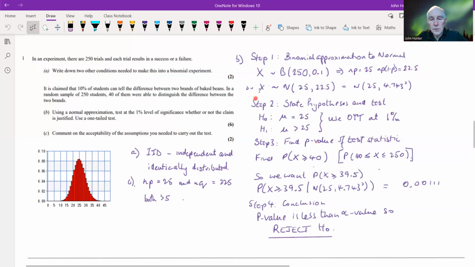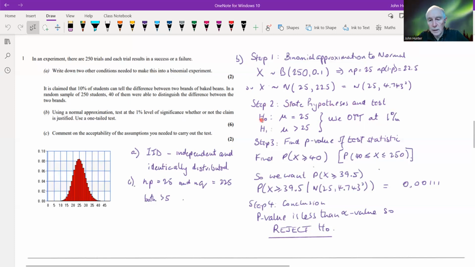So if we want to use the normal distribution, then we're going to approximate it with a normal with a mean of 25 and a variance of 22.5, which square root of 22.5 is 4.743. So just for convenience, I've written it like that. Okay, so step 2, state the hypotheses and test.